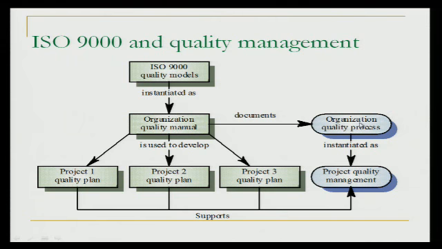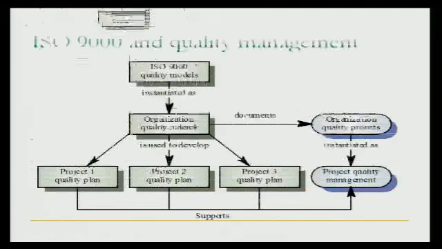Those documents form part of the organizational quality process, and that's what gets audited. It gets instantiated as what comes out of each of these projects. And if you don't meet that, or you can't demonstrate you're doing that, you get yourself in trouble. Okay, does that make sense?